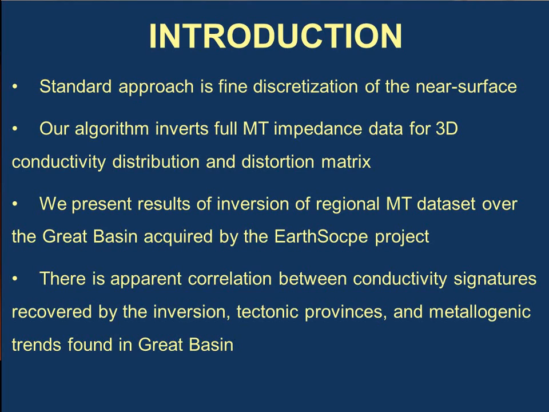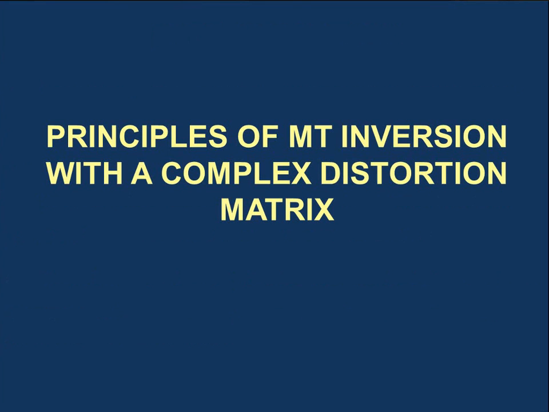In this way, we are able to fit the data, and we can get a much better result and assess and get the features of the geology with high accuracy. We will present the result at the end, as I mentioned, of this original MT data set over the Great Basin area. We found an apparent correlation between the conductivity signatures deep in the crust and some tectonic provinces, as well as metallogenic trends found in the basin.